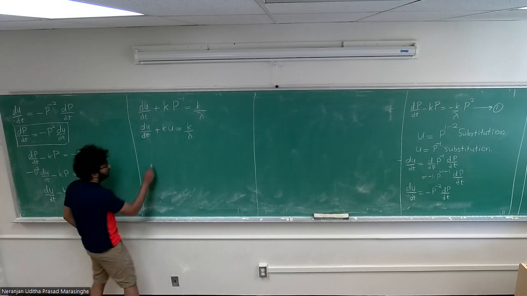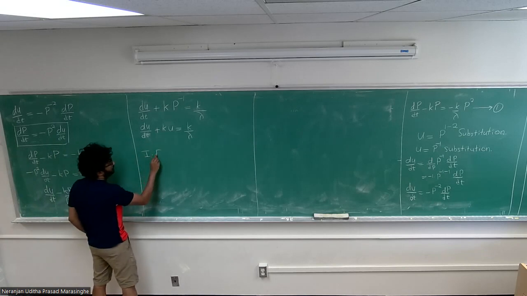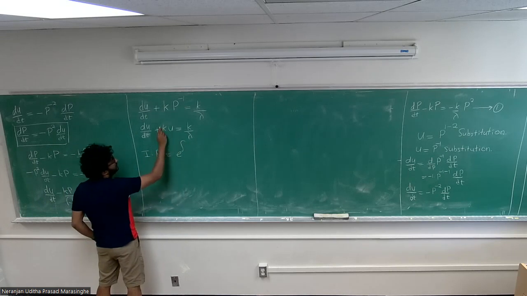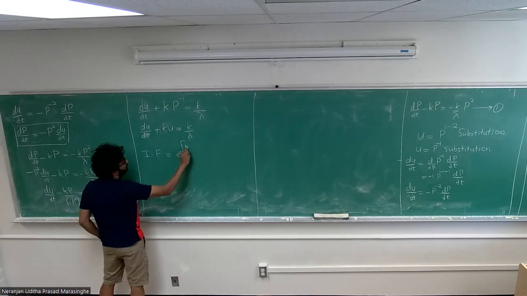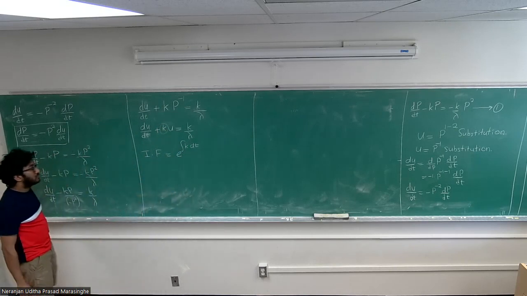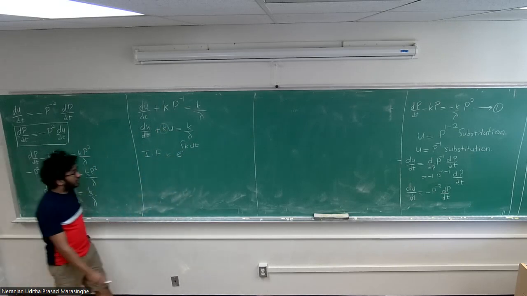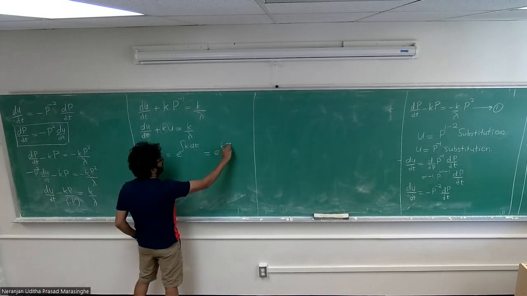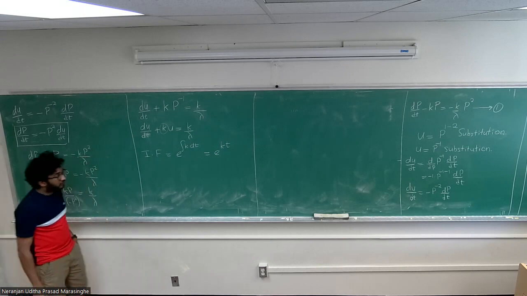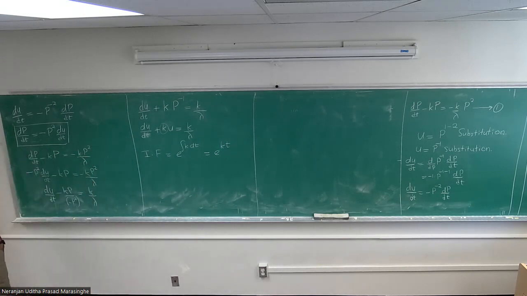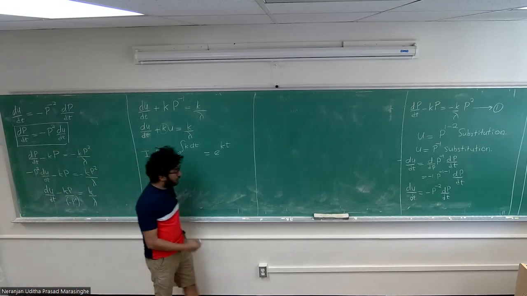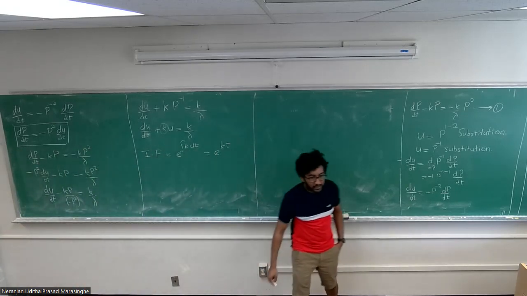Right. So what is my integration factor? That is e to the power integral of p(t). Instead of p(t), now we have k. Okay. So the integration factor is going to be e to the power kt. So after we found the integration factor, what would be the next step?